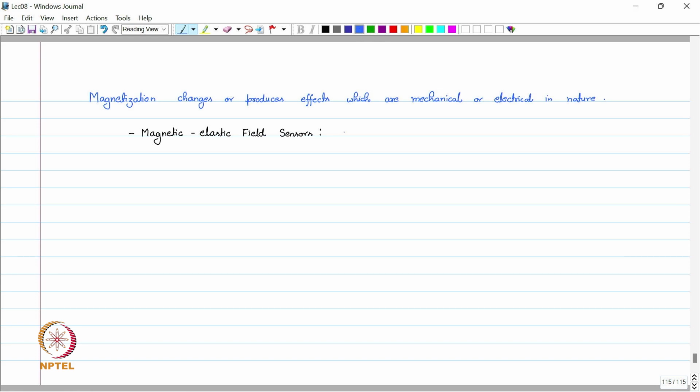These are the sensors where there is a change in the Young's modulus with magnetization. This is also called the delta Y effect.